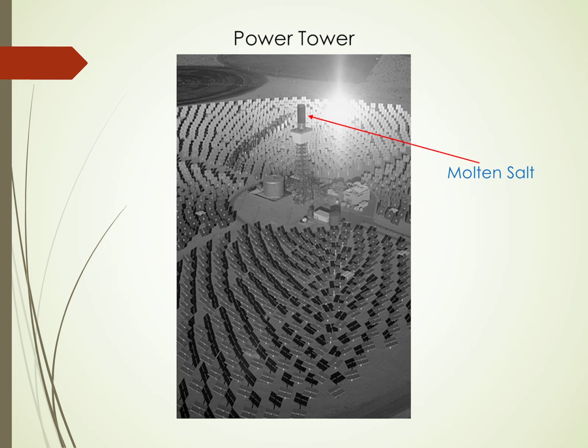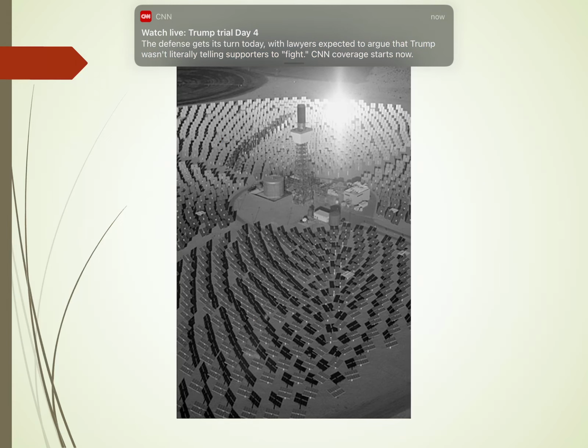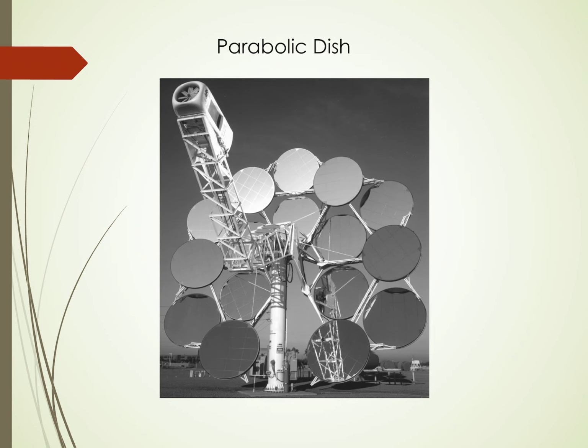What you have is these heliostats. You're just moving mirrors and concentrating the sun on this salt that gets really hot, and then you can use that to boil water. So you can either use the oil to boil the water to create the steam, or you can use the molten salt, or this one will be the gas generator. This is a whole built-in gas generator right there. So this one's the most efficient.